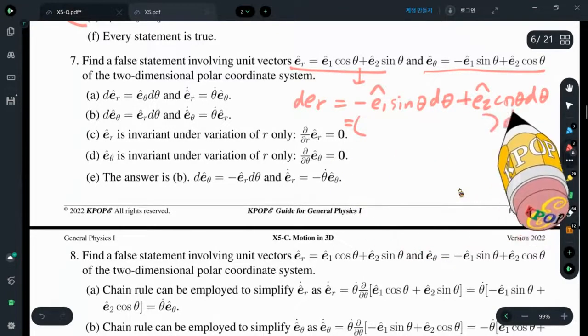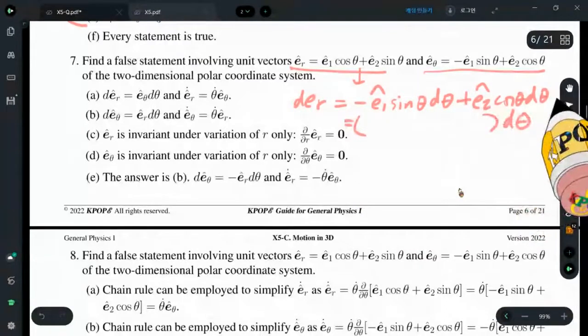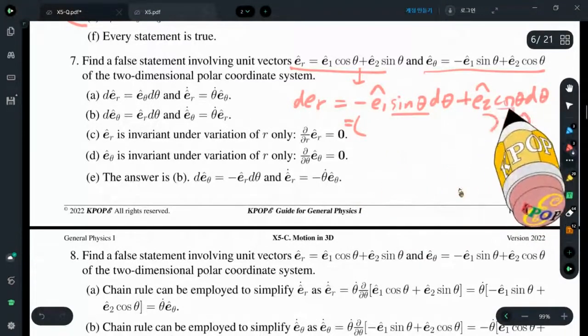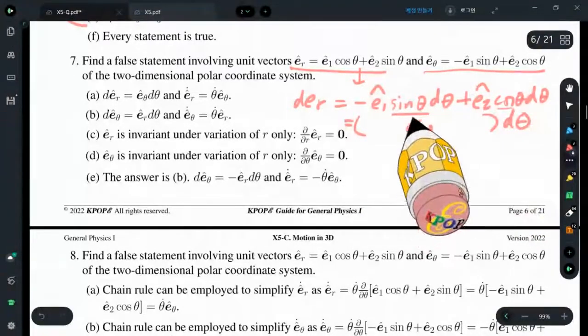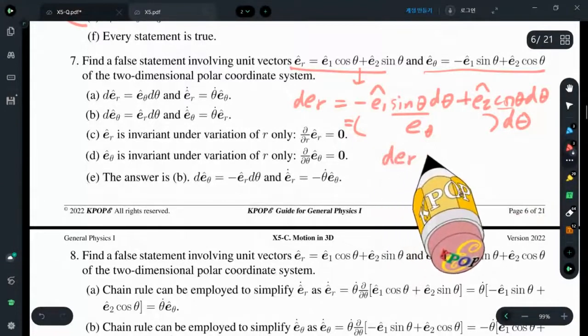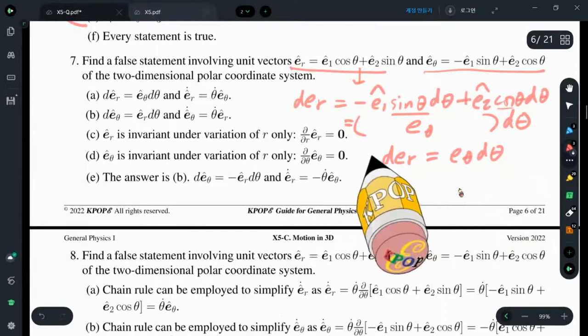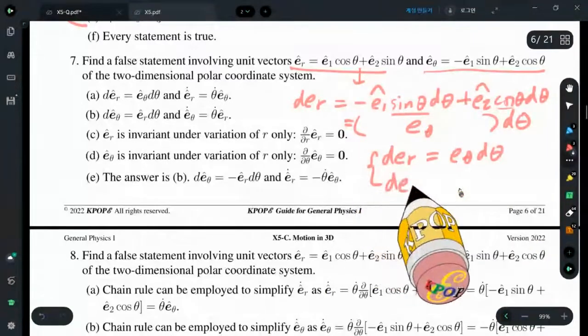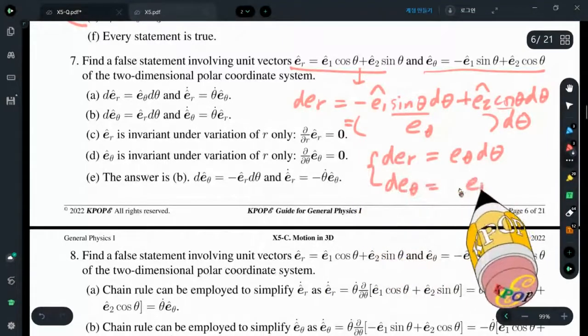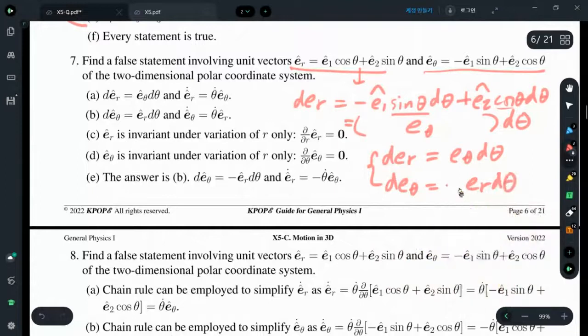So what we find is something multiplied by d theta. And what's that? This is E theta. dER equals E theta d theta. Additionally, dE theta is ER d theta, but we have a negative sign on it.